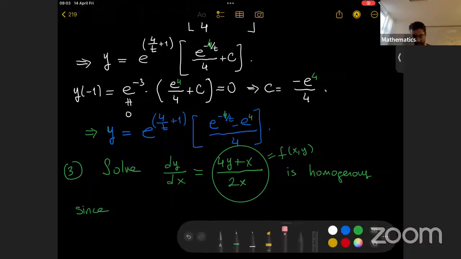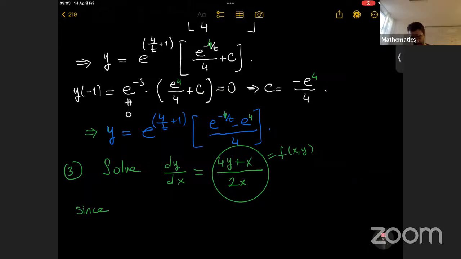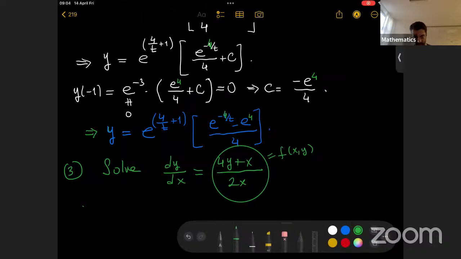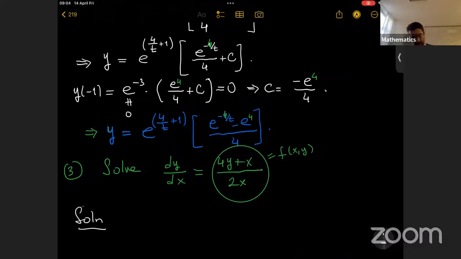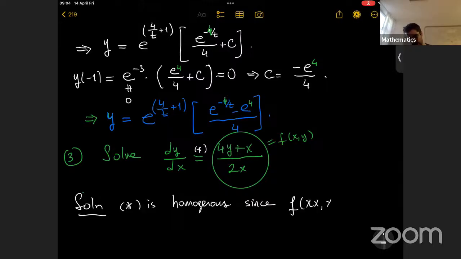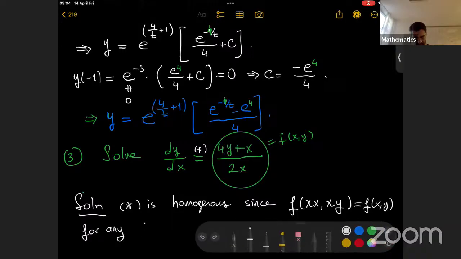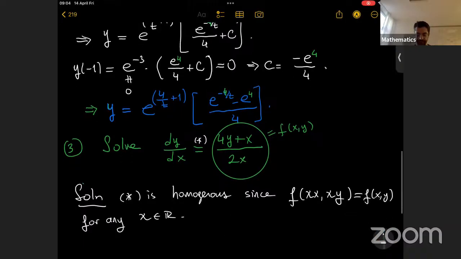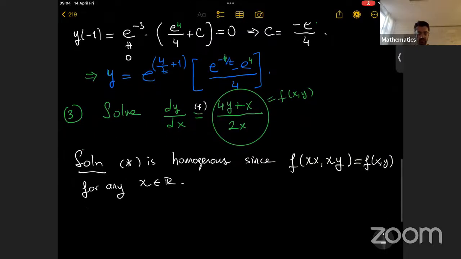Let's call it star here. So star is homogeneous, since f of lambda x, lambda y is equal to f of x, y for any real lambda. You can see from the equation.